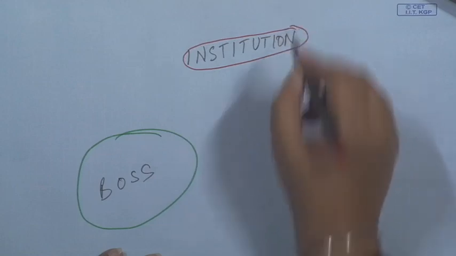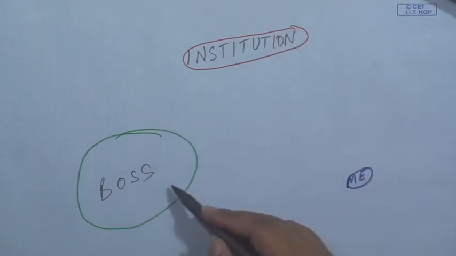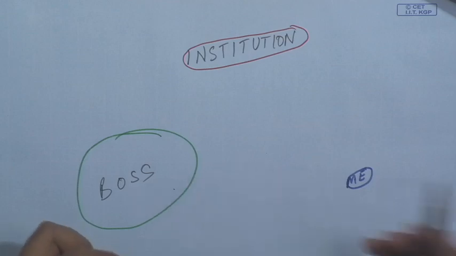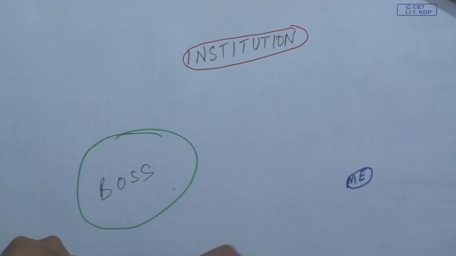So, you can see that the level of importance given to the boss is much higher in an autocratic institution, and everything is governed by the boss's whims and fancies, and one feels that one's purpose is lost completely because of the boss's whims.